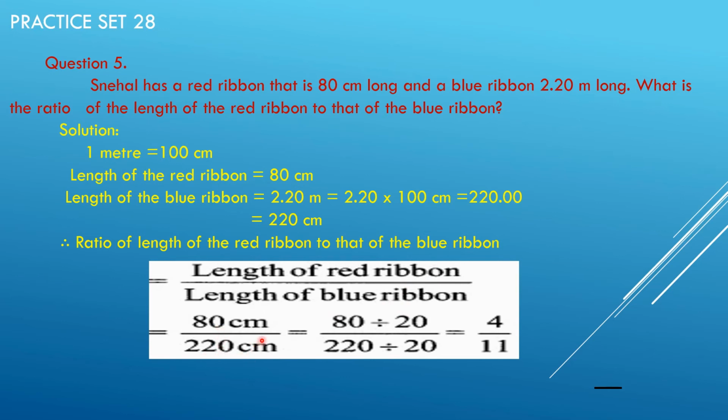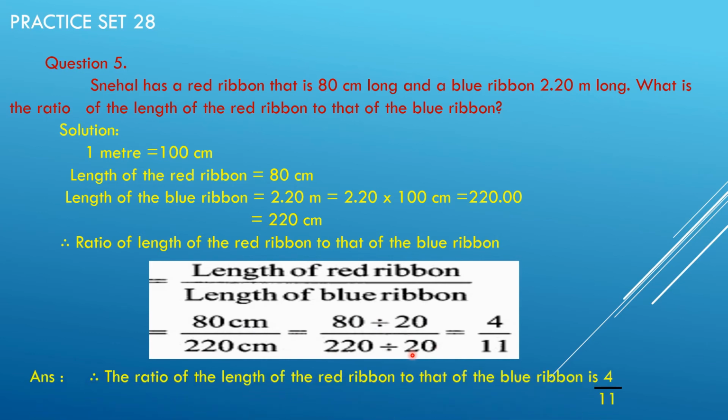The HCF of these two numbers is 20. Therefore, 80 divided by 20 upon 220 divided by 20 is equal to 4 upon 11. Therefore, the final answer: the ratio of the length of the red ribbon to that of the blue ribbon is 4 upon 11.